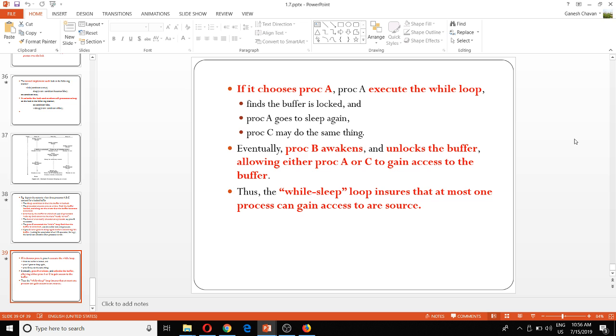If it chooses process A, A executes the while loop, finds the buffer is locked, and goes to sleep again. Process C may do the same thing. Eventually, process B awakens and unlocks the buffer, allowing either process A or C to gain access to the buffer. Thus, the while sleep loop ensures that at most one process can gain access to that particular resource.